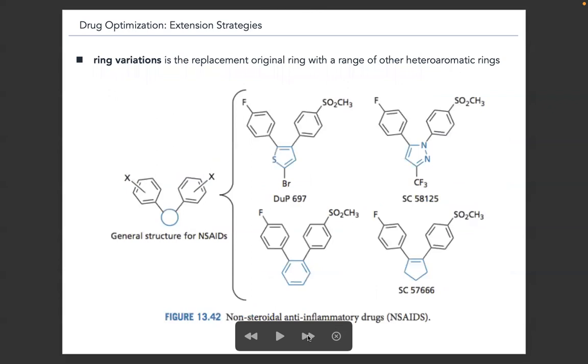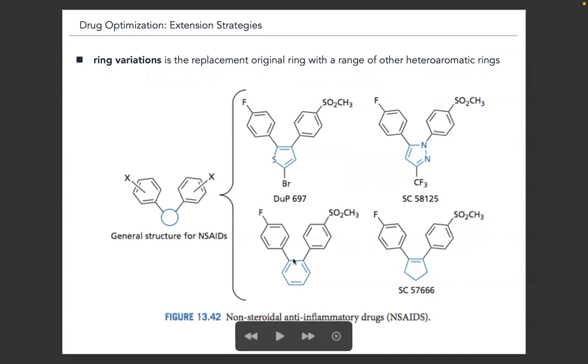Ring variations are also important. This is what I was talking about from before. Increasing or decreasing the size of, let's say, an aromatic ring is definitely a completely plausible strategy for assisting in binding or modifying a drug, or creating heterocycles from the aromatics.